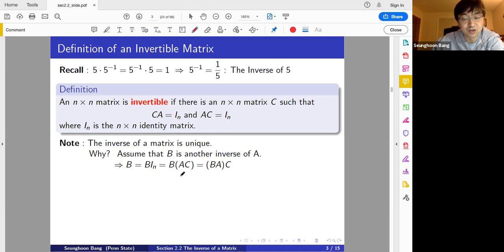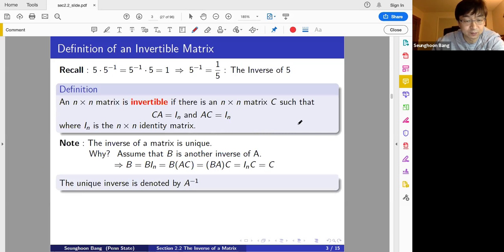We can change the product to BA times C. What is BA? BA is exactly IN, because B is another inverse of A; by definition, B times A is exactly IN. So B is exactly the same as C. What does it mean? We have a unique inverse matrix.